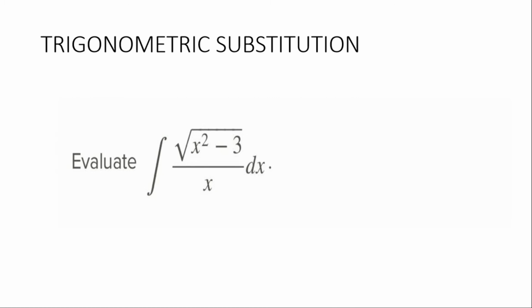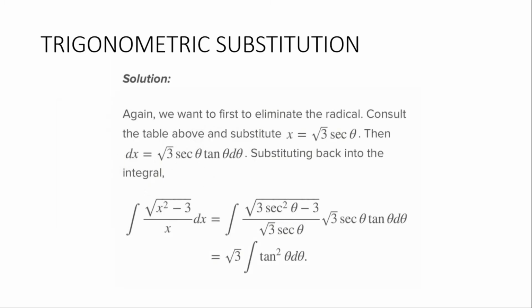Okay, now we have another example. Evaluate the integral of square root of x squared minus 3 over x dx. Okay, as usual, we first want to eliminate the radical. So we use the previous table and substitute x equal to square root of 3 secant theta. Then we find dx, which will become square root of 3 secant theta tangent theta d theta.